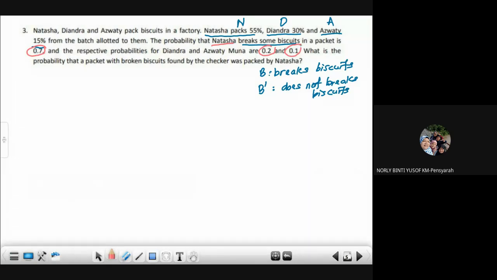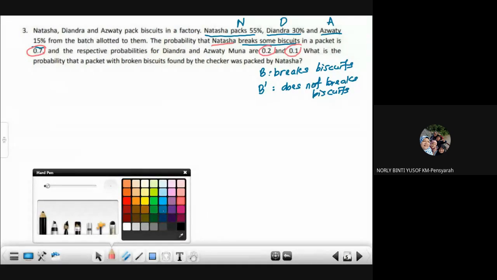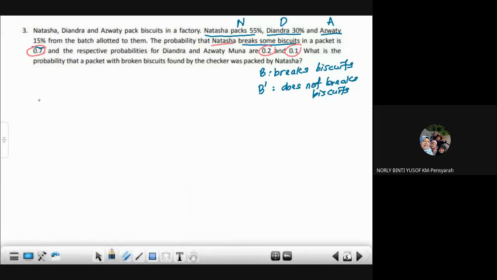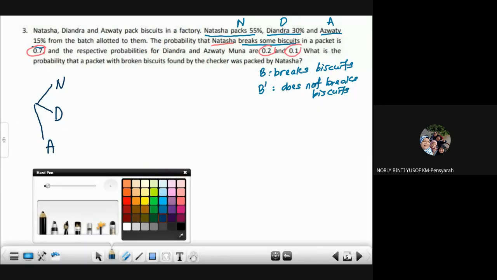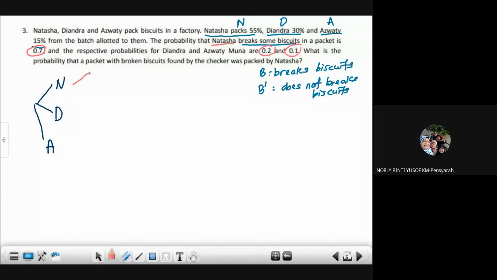Sebelum kita baca soalan, kita build up the tree diagram first. Okay, so you have Natasha, Diandra, Azwati. Okay, then break, doesn't break. Break biscuit, doesn't break.